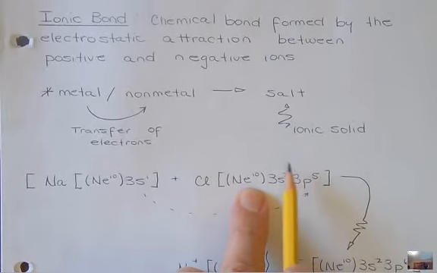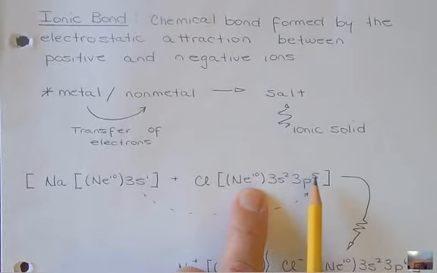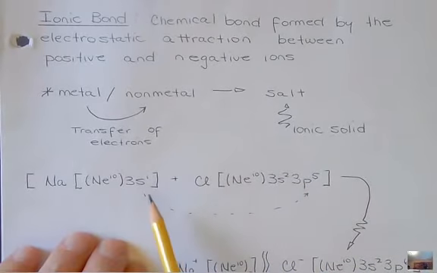Well, remember, there's a special stability associated with completing a row on the periodic table, right? So this would have its third main quantum level almost one electron from being filled up if I could make this 3p6. So that's what happens. This electron gets transferred.